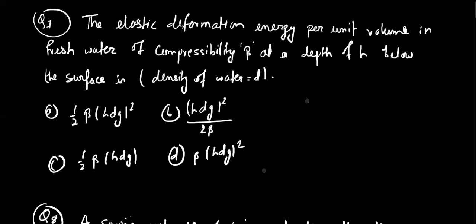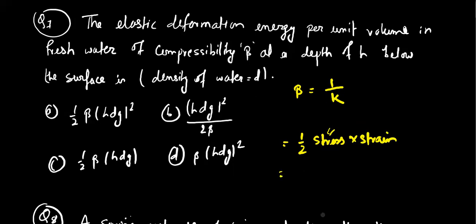okay, now we have to know that bulk modulus and compressibility are reciprocal of each other. Also we have the expression for energy stored per unit volume, which is 1 by 2 stress times strain. This is volumetric stress, and this is change of pressure for the case of bulk modulus.